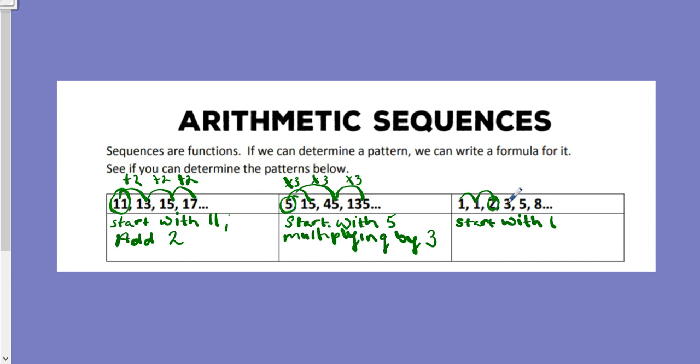Or to get to 3, 1 plus 2 is 3. Or to get to 5, we have 3 plus 2 is 5. So we start with 1, then add 2 previous terms.